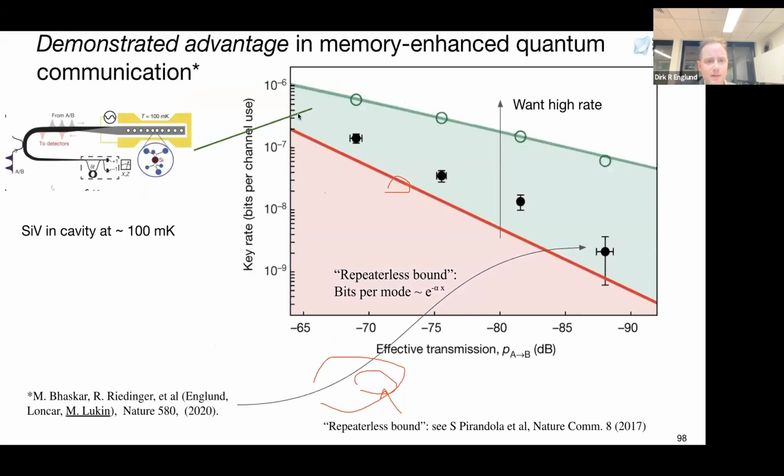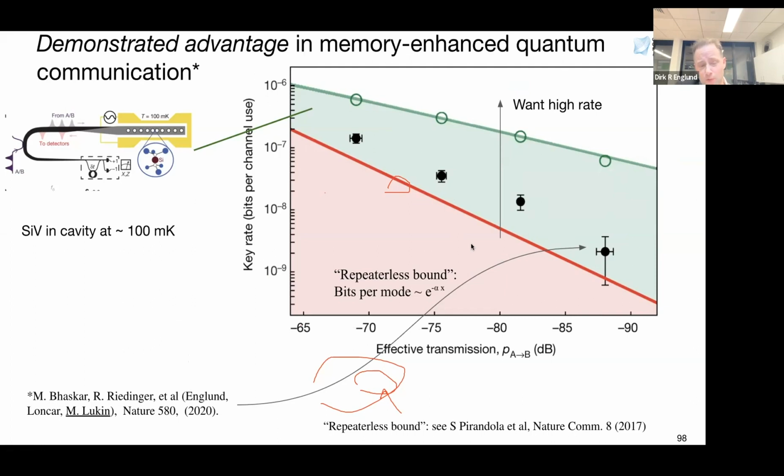And indeed, in some very nice work that came out a couple of years ago, led by Mihir Bhaskar and supervised by Mikhail Lukin at Harvard, they were able to reach a point at which, for some area in the parameter space, they could do better than the losses themselves permitted.